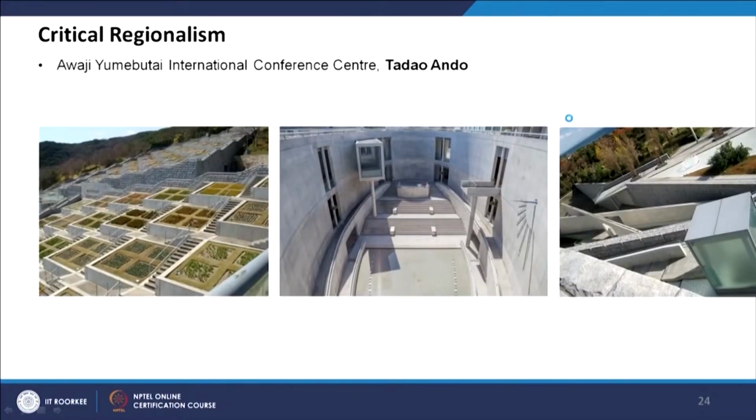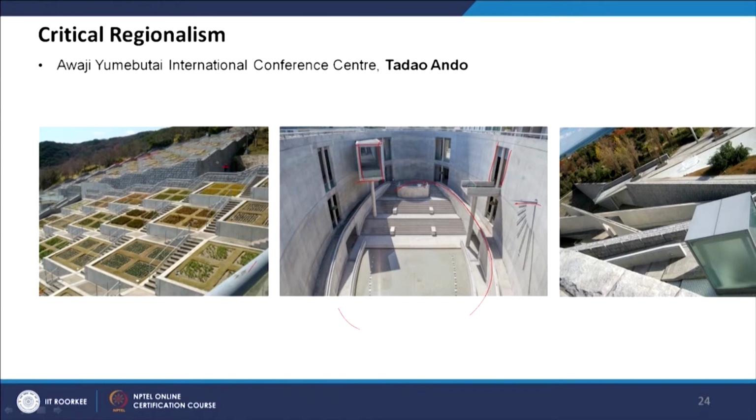And this is another example, the Awaji Yumebutai International Conference Center by Tadao Ando. Within the building you will see the geometry and geometric elements which create the design. But from outside, this is the terrain land.